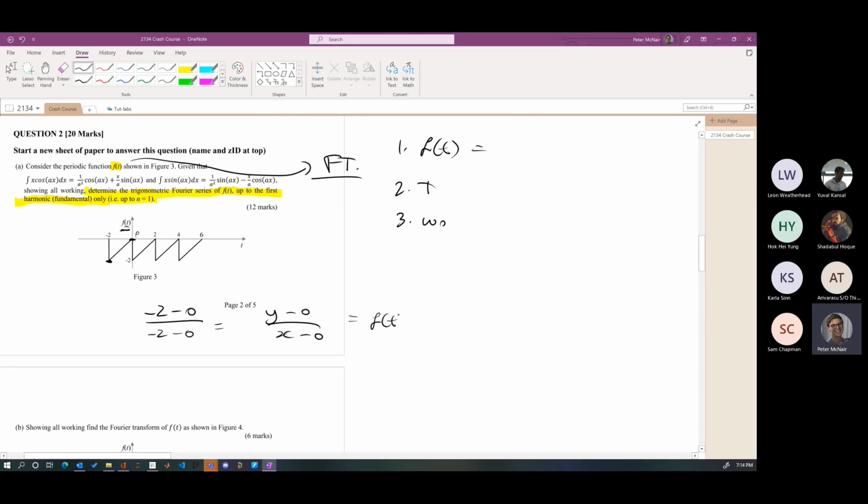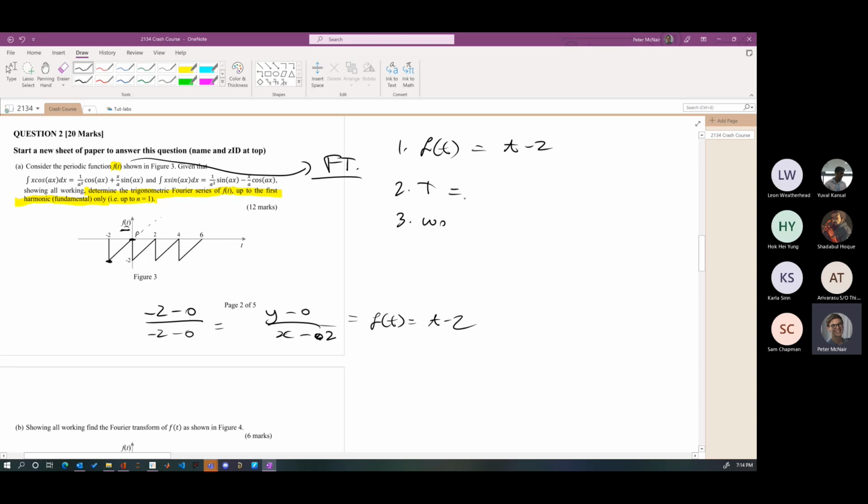Not sure if I've got that correct. Should it be x minus 2? T minus 2, thank you. So then we have y, our f of t, is equal to t minus 2.